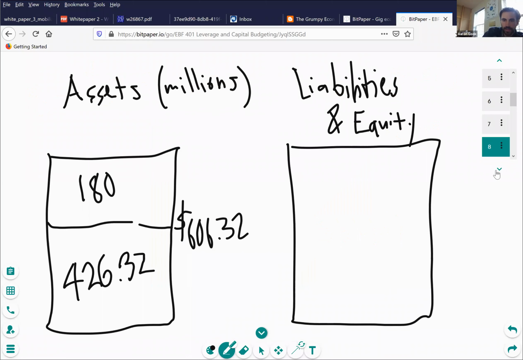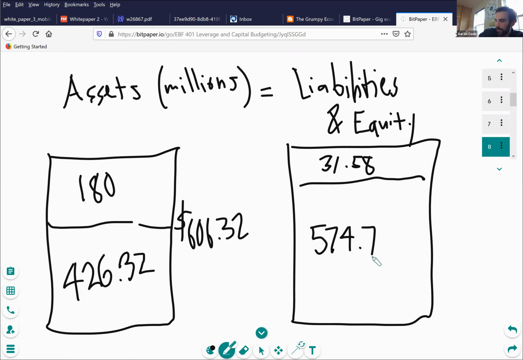So debt is 31.58. Using the simple balance sheet identity, that assets have to equal liabilities and equity, we know that equity in this case is 574.74. So the overall firm value, the value of the assets of the firm, is this 606.32.